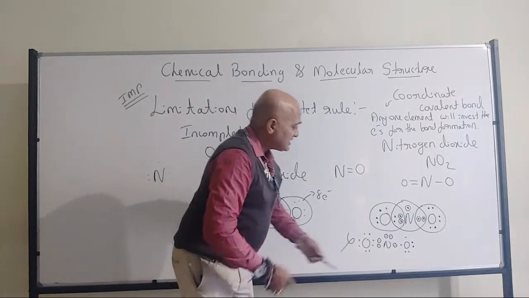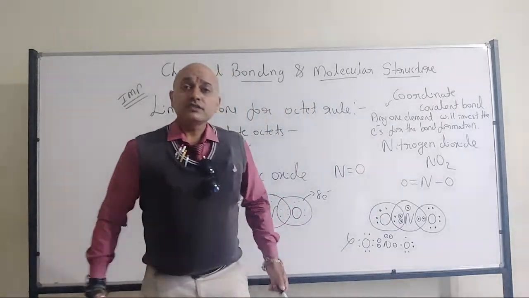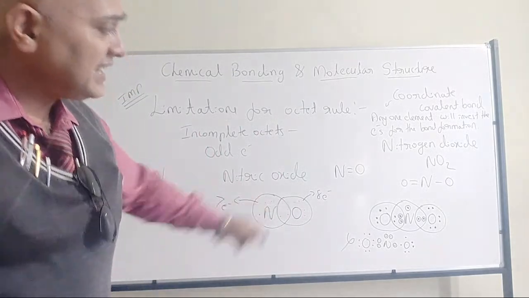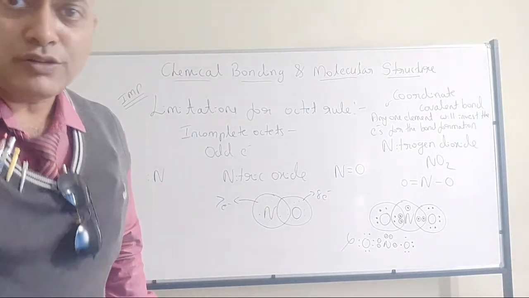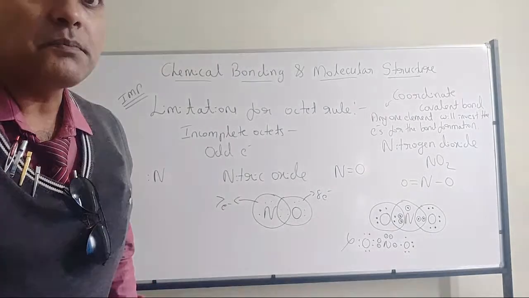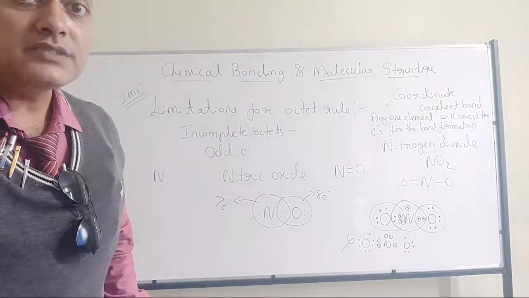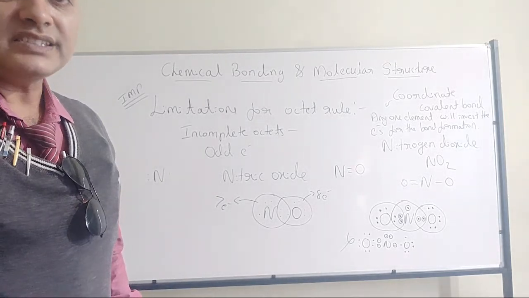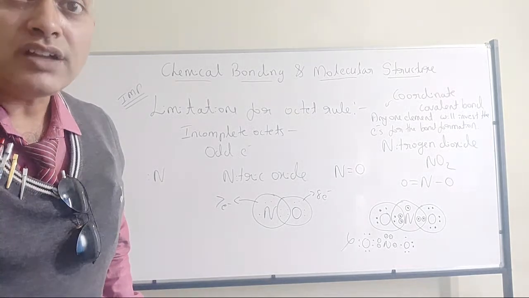Even in the second case, if you think, why should nitrogen take the lone electron? In that case, oxygen will have the lone electron. And all of us know that oxygen is a boss. Oxygen is more electronegative compared to nitrogen. So when the boss is there, the assistant cannot argue.